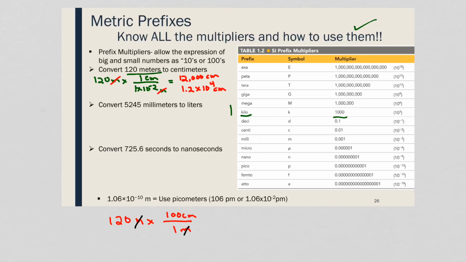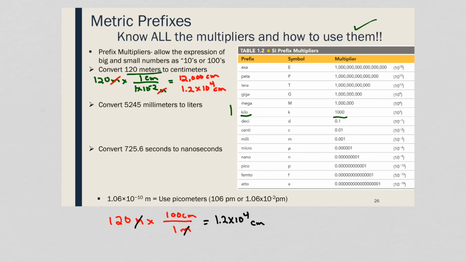And if I do my math, I would end up at the same place. So sometimes there can be multiple conversions here, or different ways to state the same conversion. And if you do know any of these, for some of these more common prefixes, you're welcome to use them.